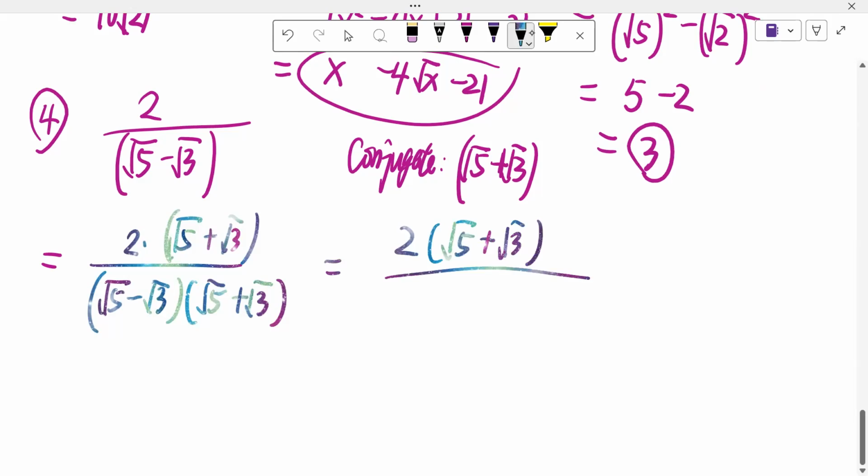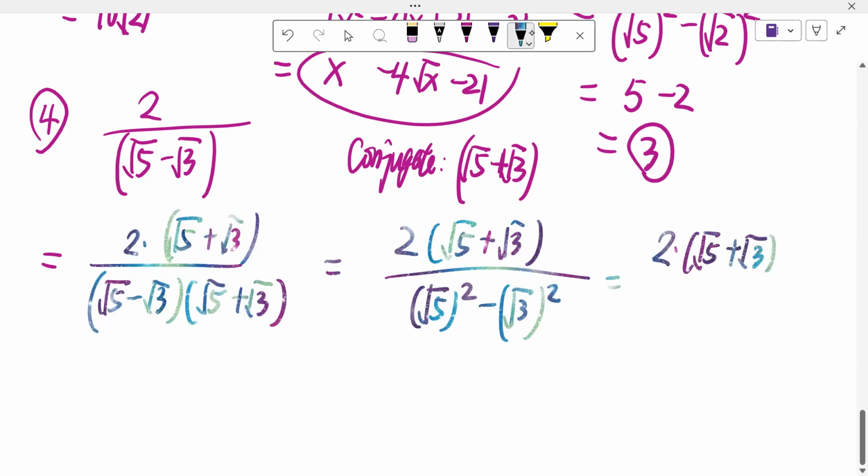On the bottom, we will end up with radical 5 squared minus radical 3 squared. The square root and the square cancel each other. And we end up with 5 minus 3. Square root 5 squared is 5. Square root 3 squared is 3.